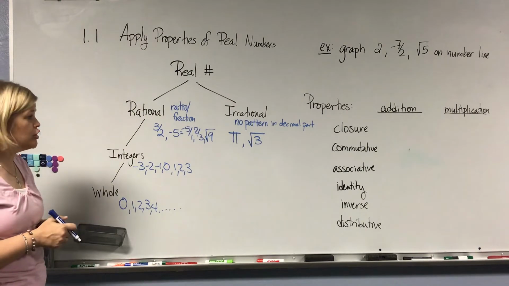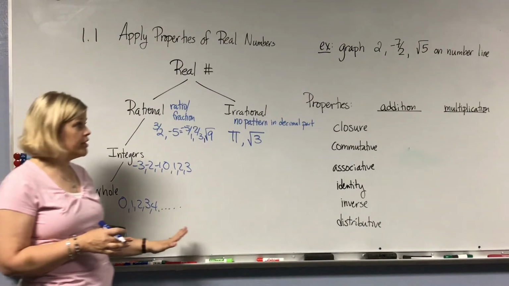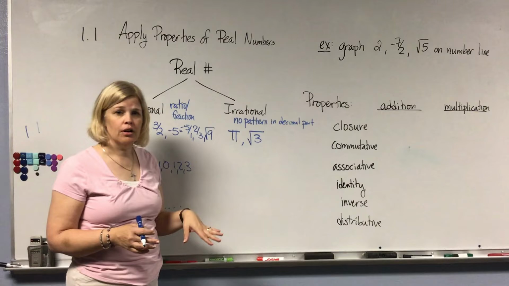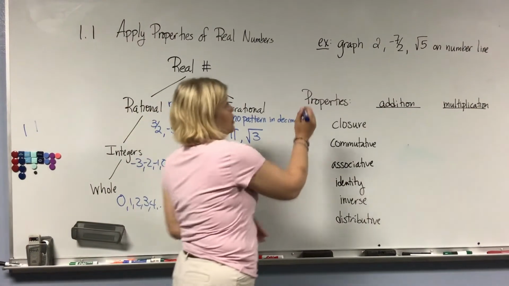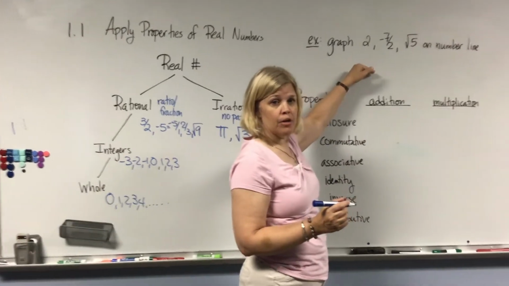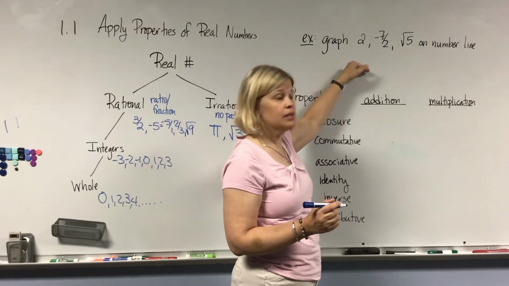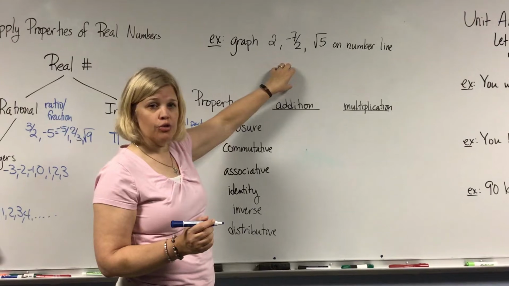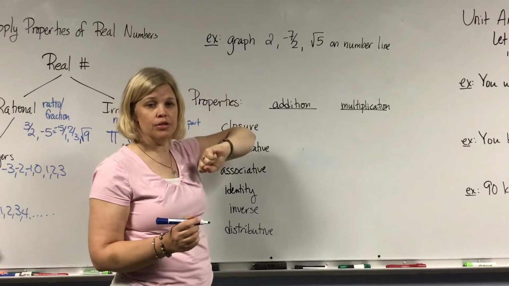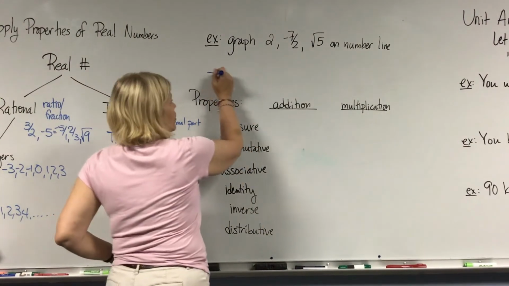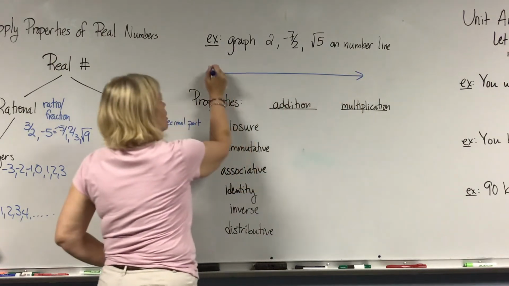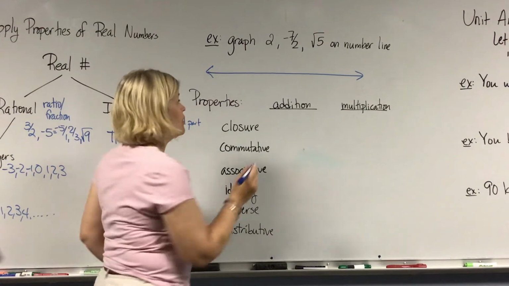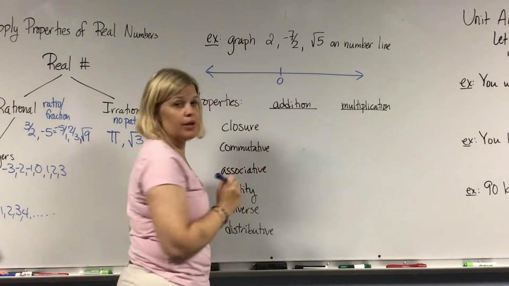And why we like to make sure you're aware of all these is all of these numbers appear on a number line. So we're going to come over here and do our next example. I'm going to ask you to graph these 3 numbers on a number line. When I have you do this in your homework or on a quiz or test, I want you to draw out a line and show me where 0 is.